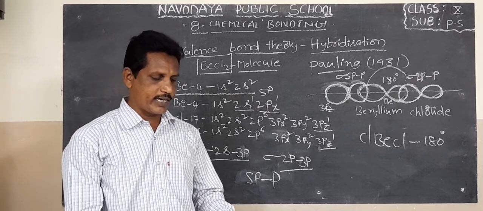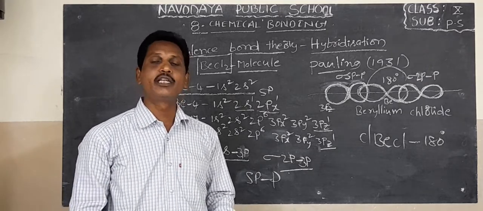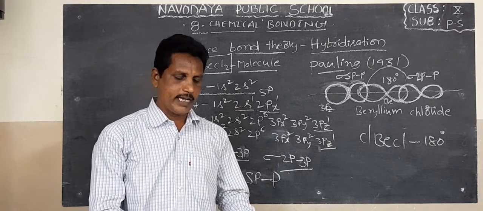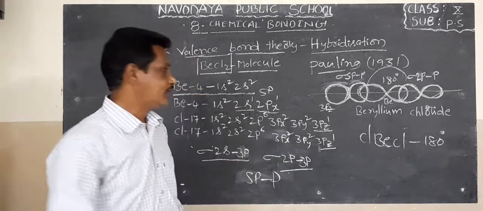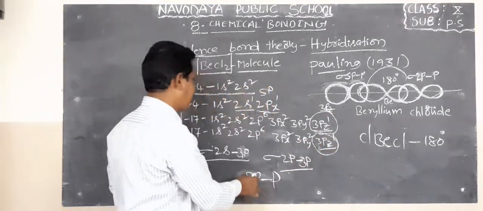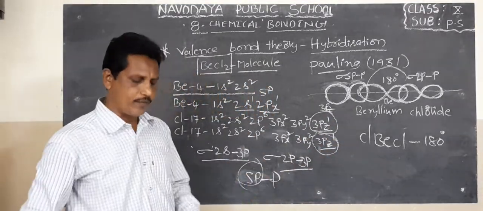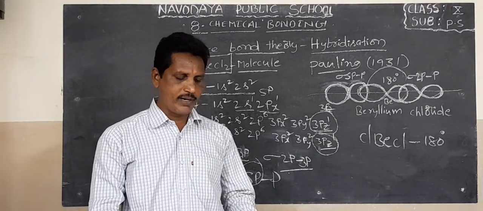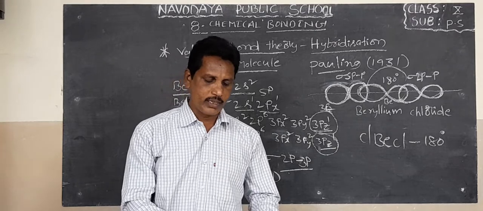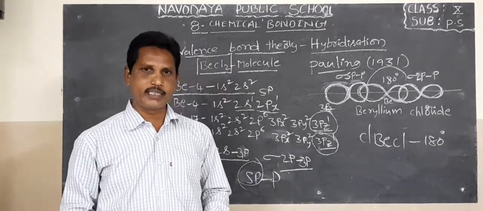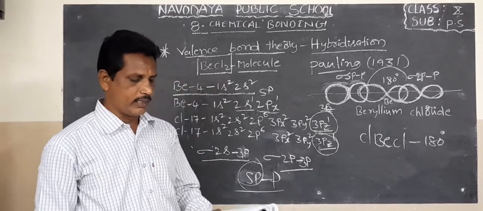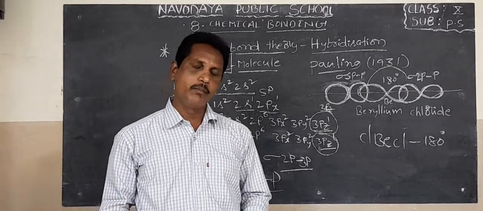Each chlorine atom comes with its 3pz orbital and overlaps with an sp orbital of beryllium, forming two identical beryllium chloride bonds, sigma sp-p and sigma sp-p, with a bond angle of 180 degrees.